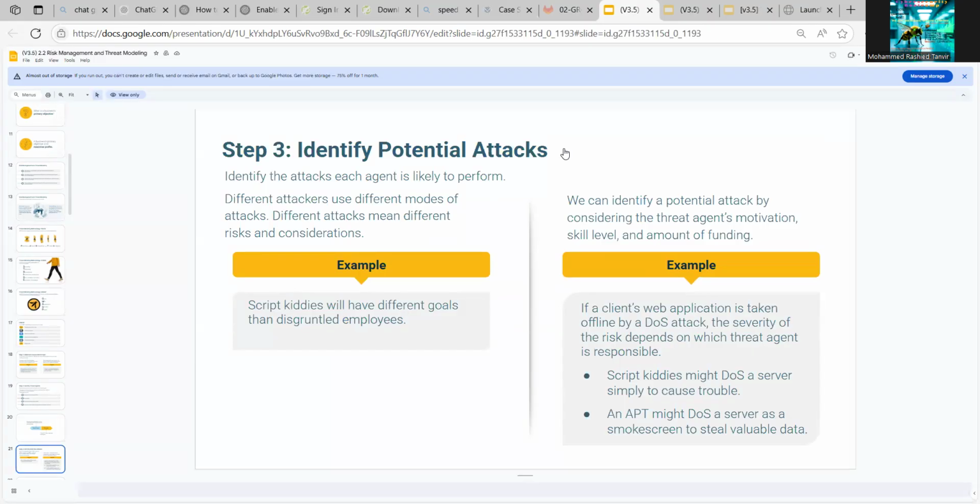Identify the attack that each threat agent is likely to perform based on how much skill and funding they have. This is very important because we are cybersecurity engineers, and compared to them we are nothing. Now we think that after only 8 months we will be great. No, never ever. One hacker practices hacking maybe 6 years, 4 years, 10 years.